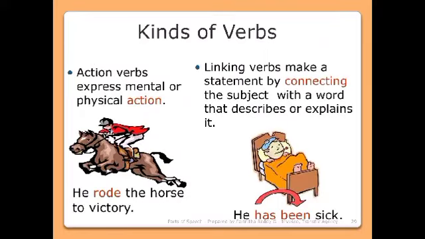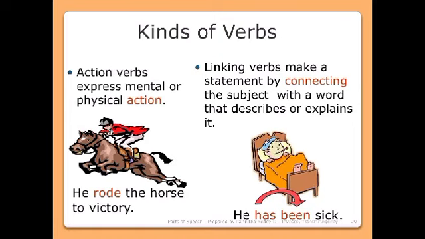There are different kinds of verbs. Action verbs express mental or physical action, and linking verbs make a statement by connecting the subject with a word that describes or explains. Example of action: he rode the horse to victory. Riding is a verb which is used for some action.